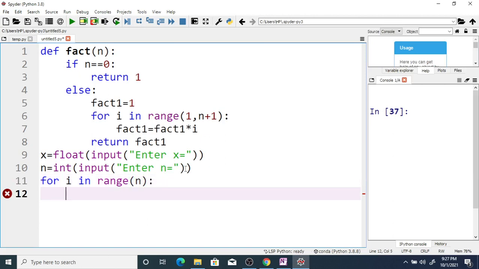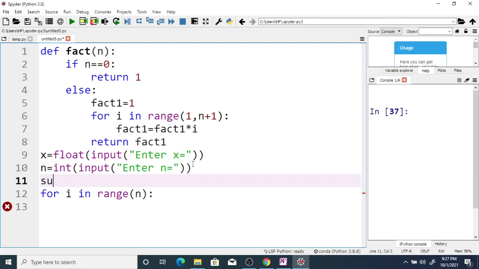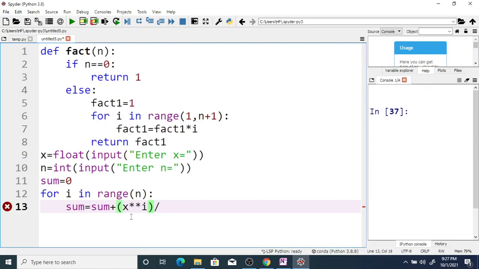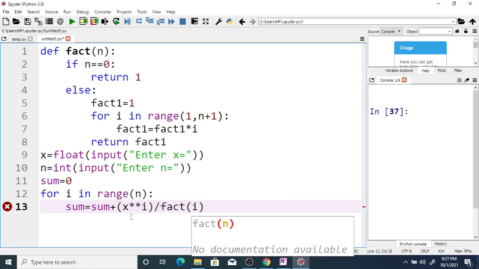Now take one variable, say sum is equal to 0, then sum is equal to sum plus x raised to i divided by fact(i). We are going to call the function fact(i).